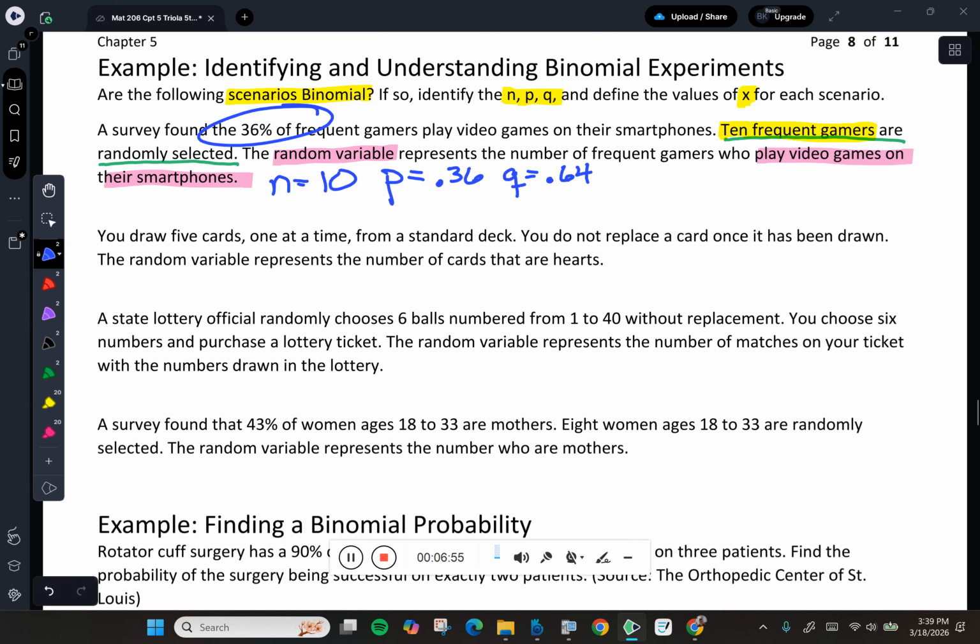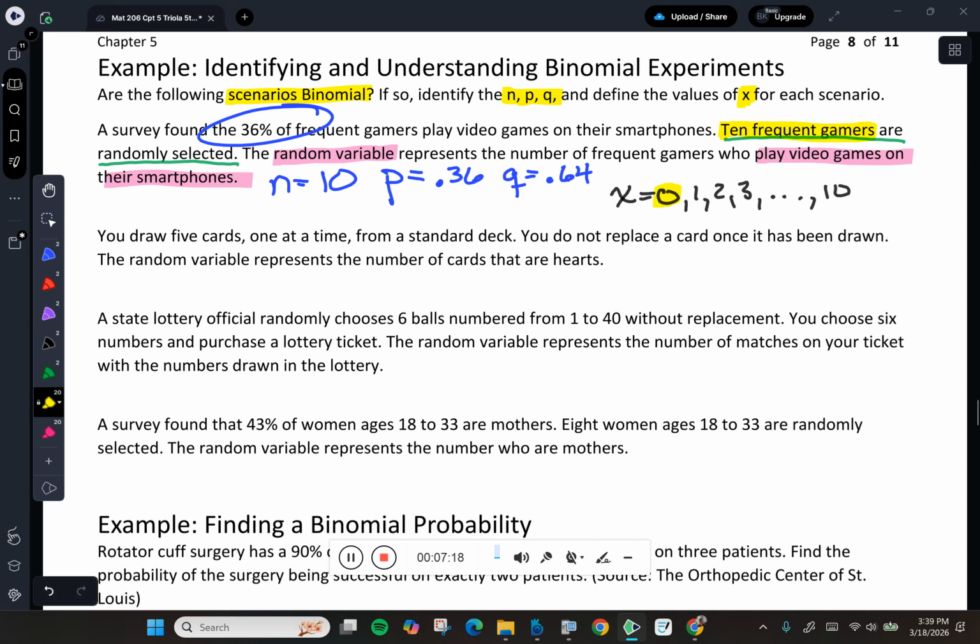And it also looks like X, our random variable, could be 0, or 1, or 2, or 3, or all the way up to a possible 10. Each of those values tells me how many times I got a yes, success answer.